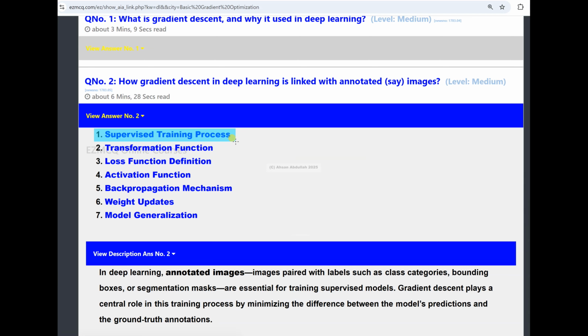All right, then there is the transformation function that we have discussed. Then we have the loss function that we've also discussed. Okay, the activation function. The activation function introduces non-linearity into the neural network, so it can learn complex patterns from those annotated images.